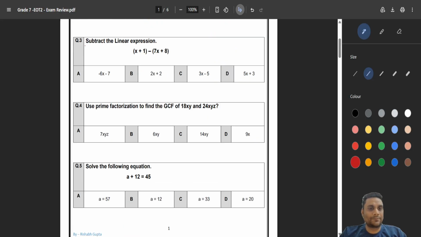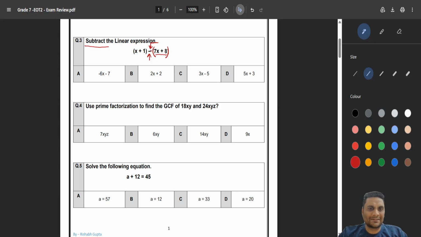Now we have to subtract the linear expression. Subtract, that is, minus. Okay, check this thing carefully. Whenever I have a parenthesis, and inside I have 7x plus 8, and outside I have minus.